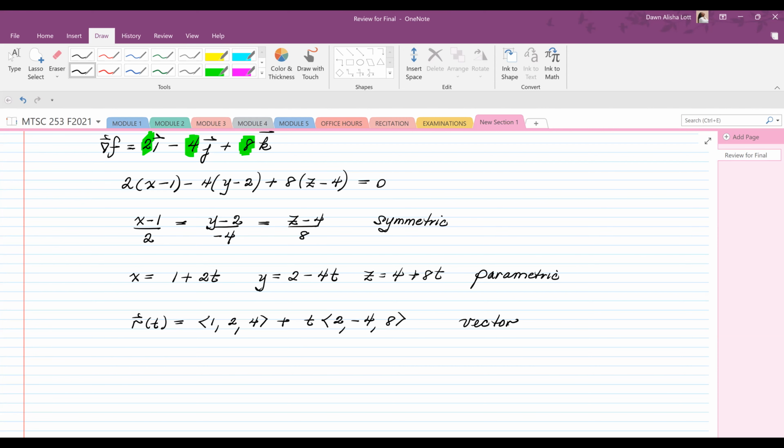Now, because you found this is the normal, all of this is the normal line. Now, if it just says plot the normal line, give me 1. If it says do it in all 3, then I want all 3. I really don't remember what I asked for. Okay, and that's the tangent plane right here.